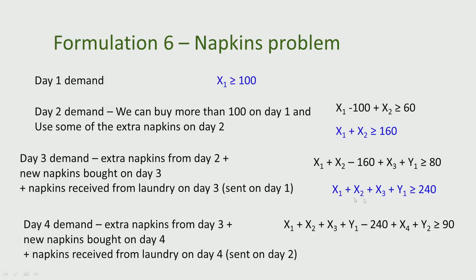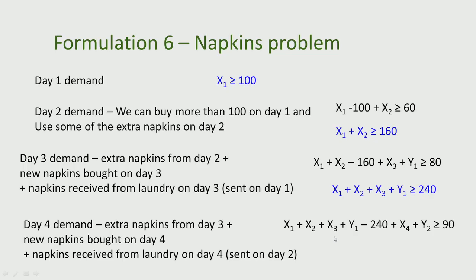Now, this inequality, if x1 plus x2 plus x3 plus y1 exceeds 240, then a balance of x1 plus x2 plus x3 plus y1 minus 240 is carried over to the 4th day, and that represents the extra napkins from day 3. x4 is bought on the 4th day and y2 are received before the dinner on the 4th day, and y2 are the number of napkins sent at the end of the 2nd day to the laundry.